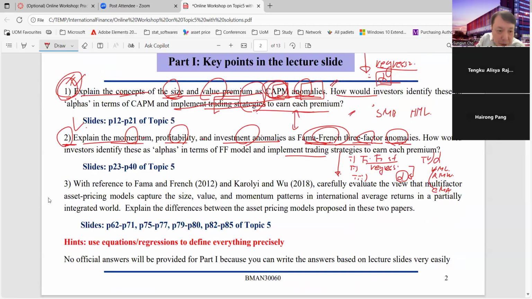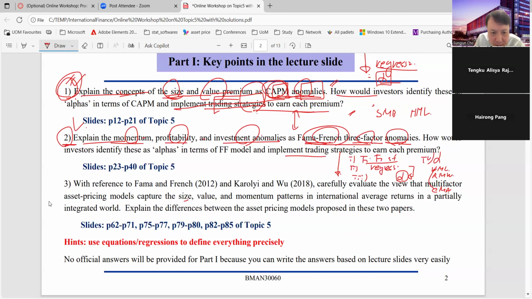The question 3 here, we're going to talk about this one this Thursday, but you can see the resemblance. I will give you a summary of this model right away. Actually, you have already learned most of it by studying the domestic model. Now we are assuming you are investing in the international market.